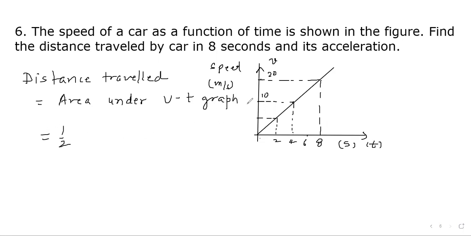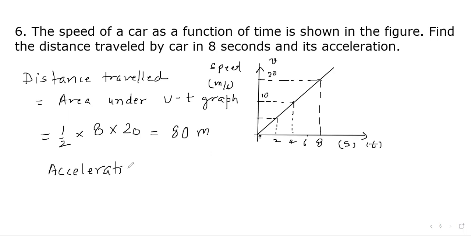So 1 by 2, area of triangle, half base. Your base will be 0 to 8, that is 8, into height. This corresponds to 20. So this will become 80 meter.